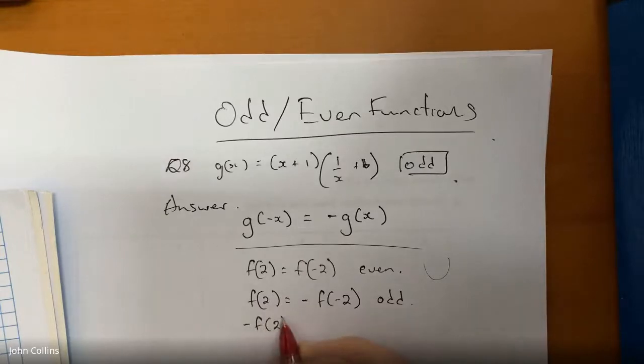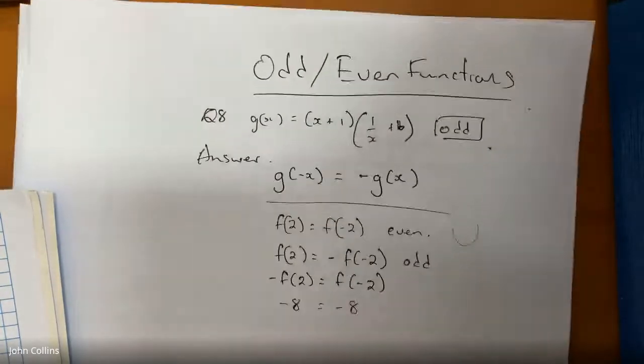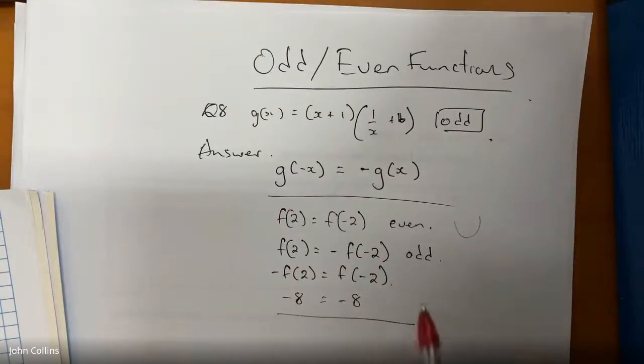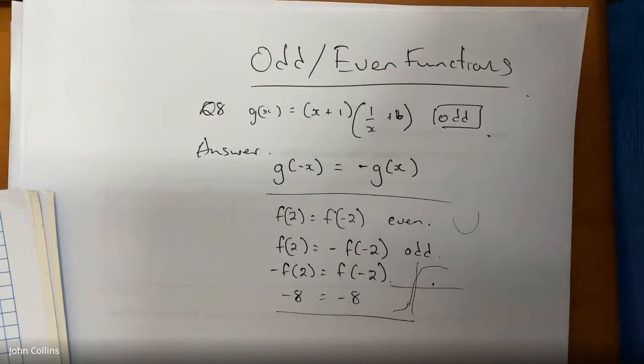When we subbed in 2 we got 8, and if we multiply that by minus you get minus 8, and when we subbed in minus 2, we got minus 8 out. So those two were equal. That was just a recap of what we did yesterday, because of its symmetry as a rotation.